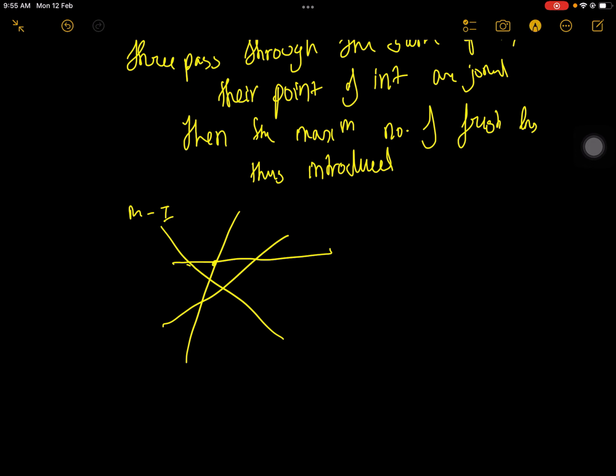So if you see, this is one line, 1 line, 2 lines, 3 lines here. Again, 3 lines from the intersection of 4 lines. So 3 into nC4. That's the answer.